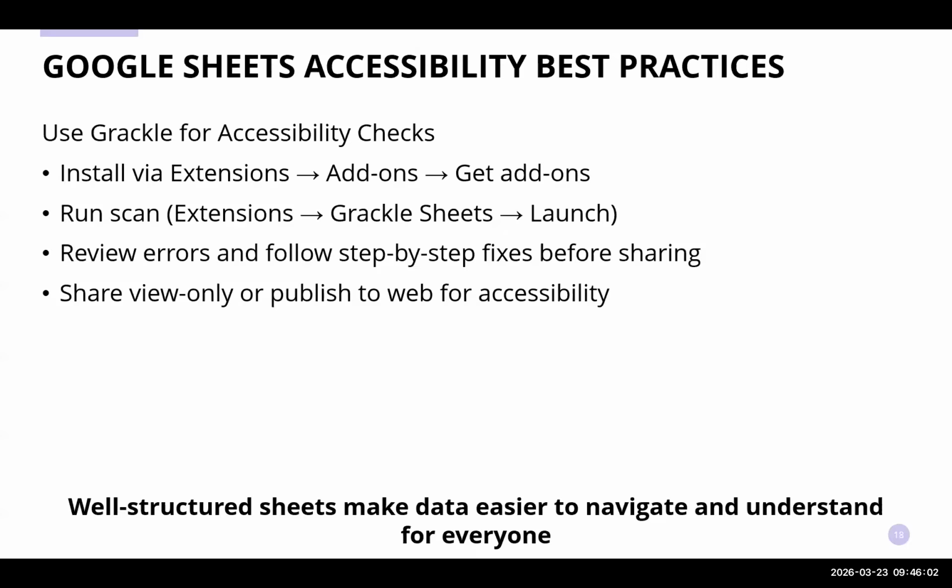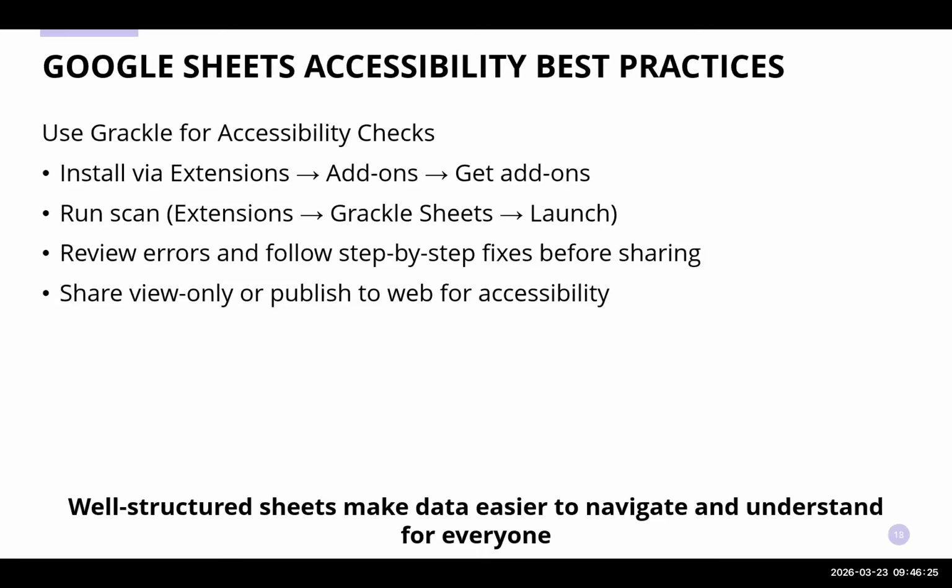Now, when sharing Google Sheets, also consider how you share them. Use view-only mode when appropriate, or publish to the web in a way that preserves accessibility. So the key takeaway is that well-structured sheets make data easier to navigate and understand, just like in Excel.